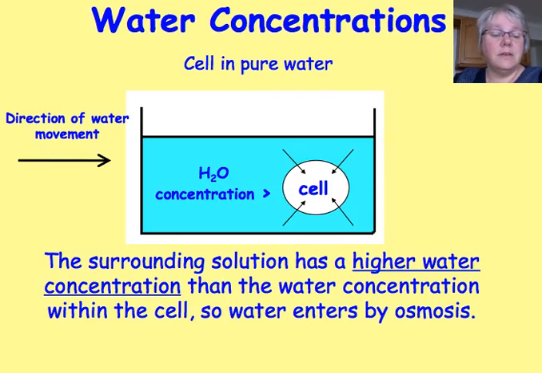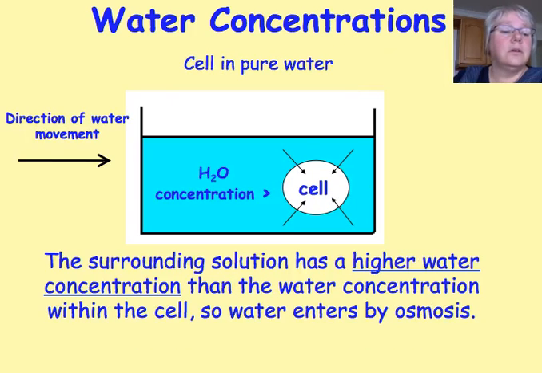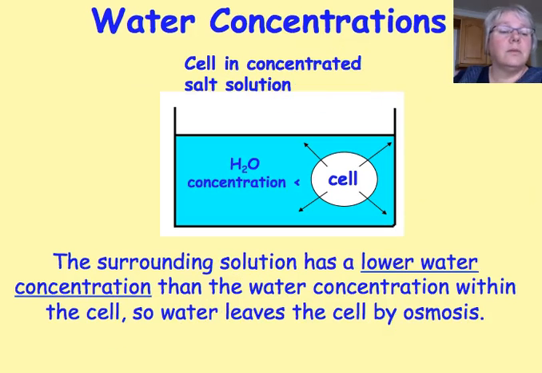If on the other hand we had a solution that was surrounding the cell, and this time it wasn't in pure water, hold on a wee minute here, just 2 seconds. This time it wasn't in pure water, it's in a solution, not that one here, not that one, sorry.